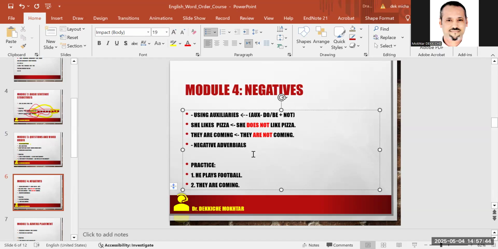However, in some cases, we also use negative adverbs such as never, rarely, or hardly ever to express a negative frequency.